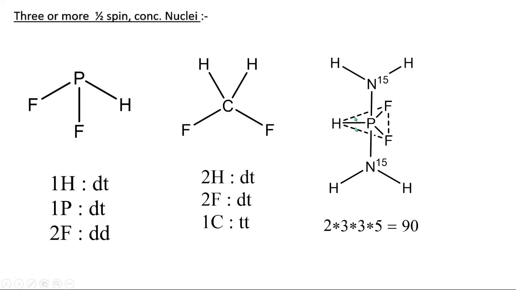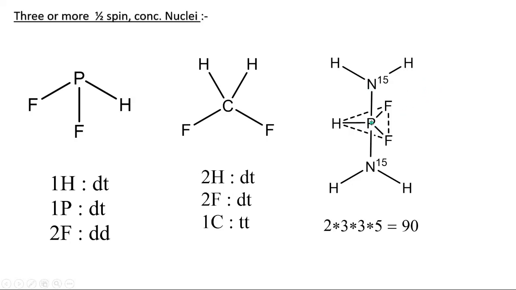Now come to this interesting molecule. How many lines we will get for phosphorus in this molecule? So if you see this nitrogen 15, if you don't know, sometimes they will say it has half spin nuclei. If they do not mention that, then you can take it as half, because you have to remember for nitrogen 15 the spin value is half.